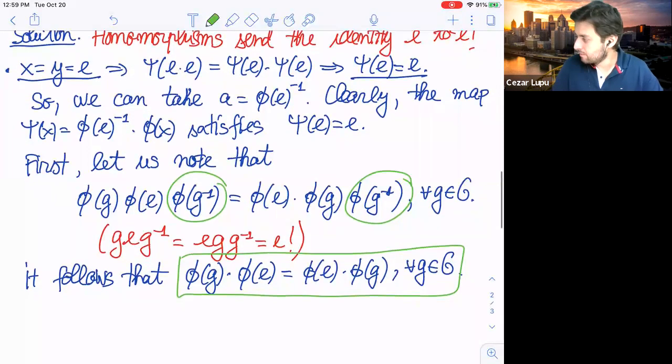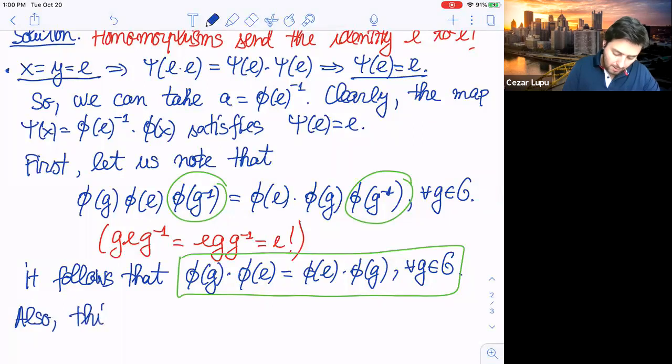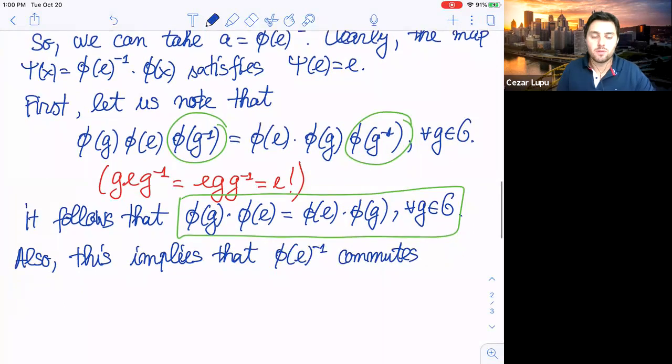What else can we do here? If we look at it, does this imply that, if we multiply by phi of e inverse to the left, and to the right, it will follow that phi of e inverse commutes with anything in the image of phi.